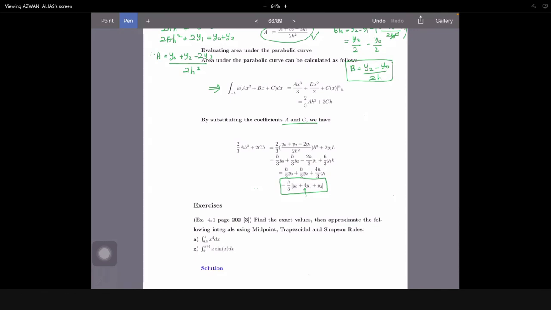Okay, so yang ni daripada mana? Daripada integration negative H to H, AX square plus BX plus C. Macam tu. Betul tak?